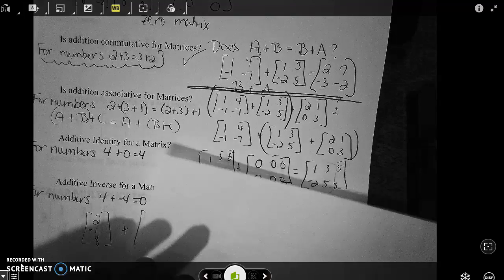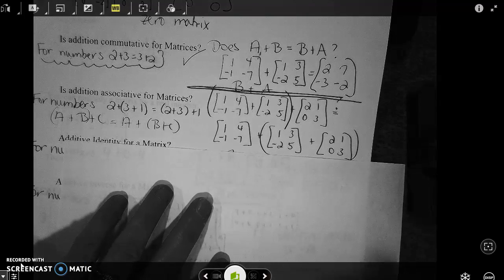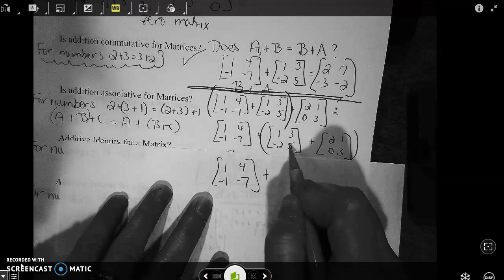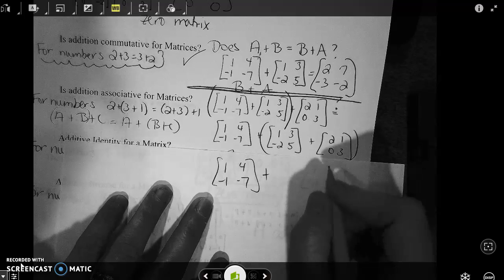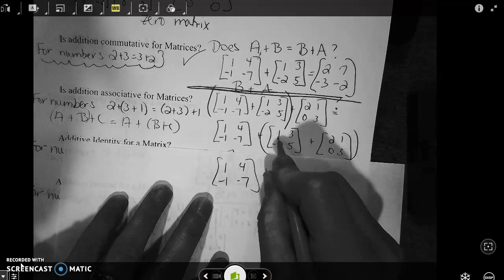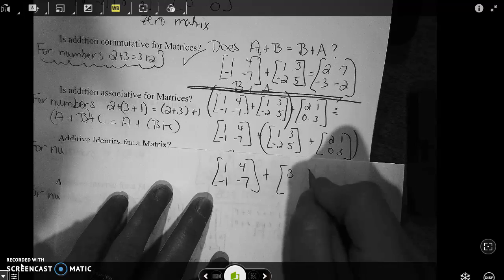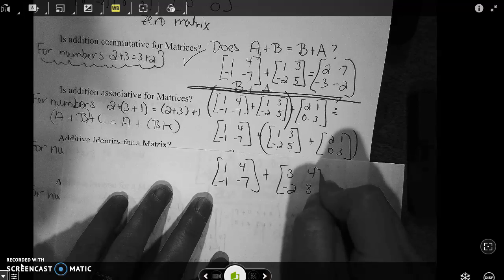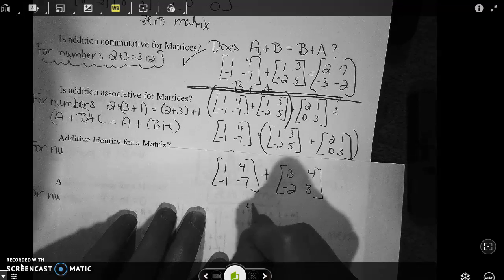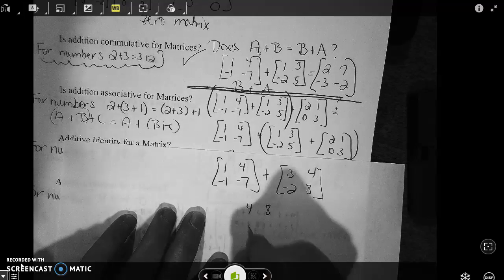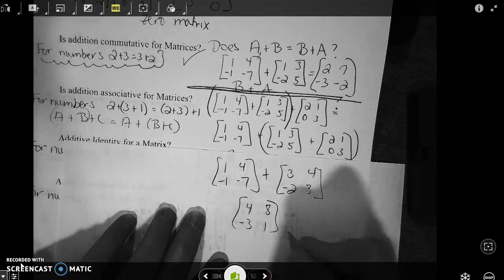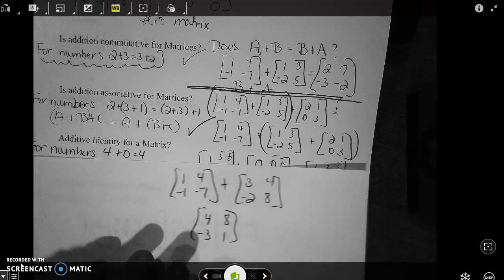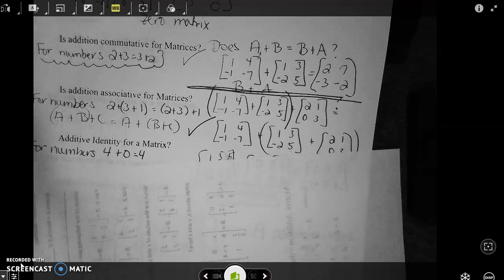Then I'm going to see if I change where those parentheses are, and instead add these two matrices together first, will I in the end get the same result? So let's add these. 1 and 2 is 3, 4, negative 2, 8, and then let's add these. So 4, 8, negative 3, and 1. We can see we do get the same answer, and so there we go. They are associative.